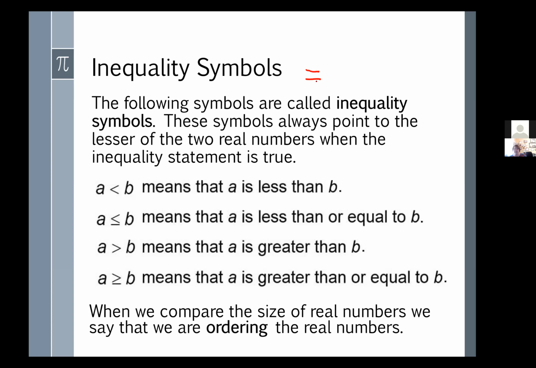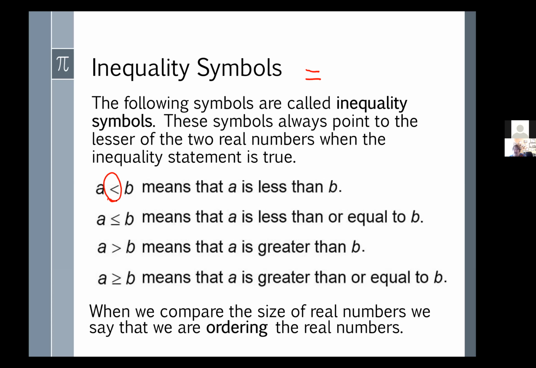So what's the difference between equals and inequality? What this symbol means, A with an arrow pointing to A and then a B, this means that A is smaller than B. So the arrow always points to the smaller number.